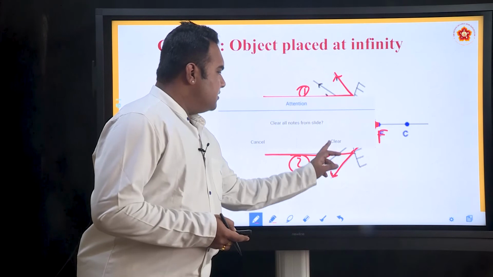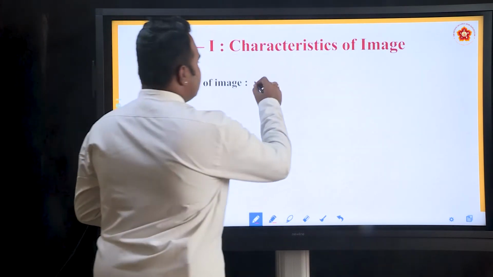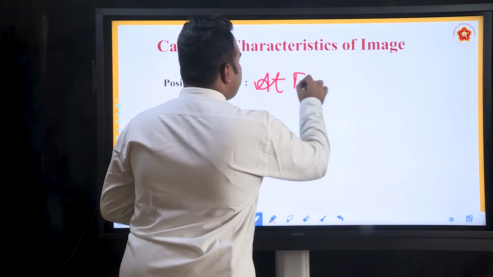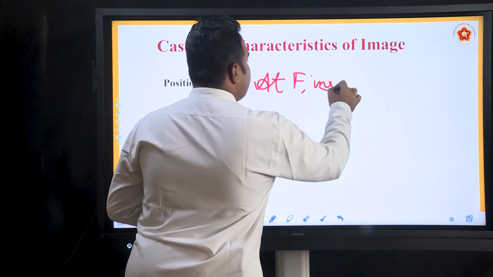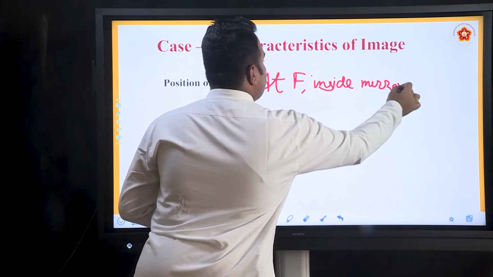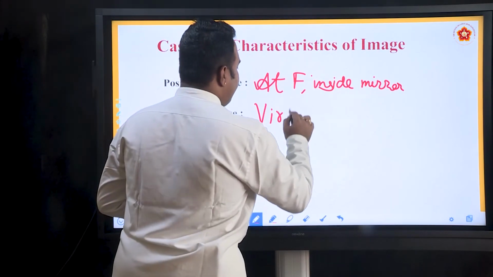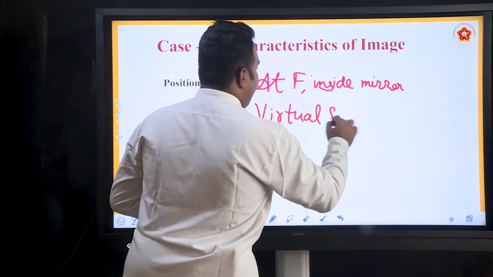So, therefore, let us tabulate. Position of the image is at the principal focus inside the mirror. Nature of the image, virtual and erect.